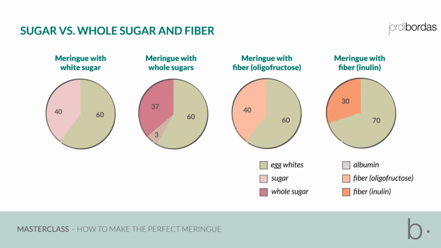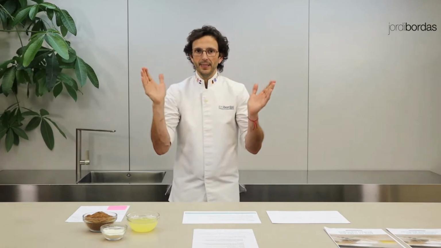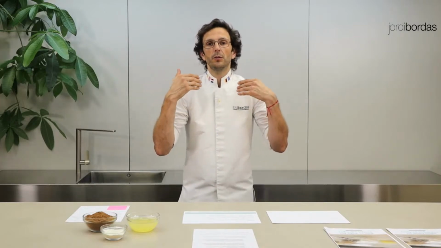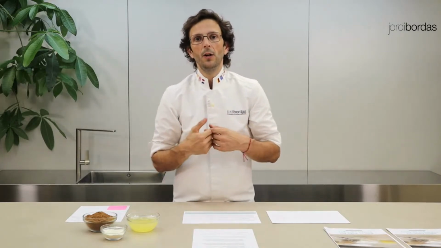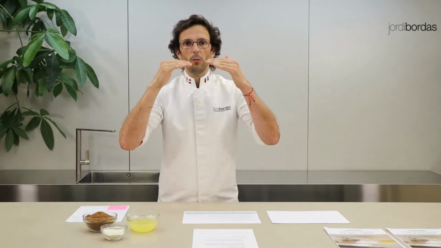But once we move to inulin, here we have high water catchment capacity, and we need to reduce the quantity of fiber. That means that we are working with 30% of native inulin and 70% of egg whites, because this 70% of egg whites is going to introduce much more water in the recipe of our meringue, and this meringue is going to keep a good stability.